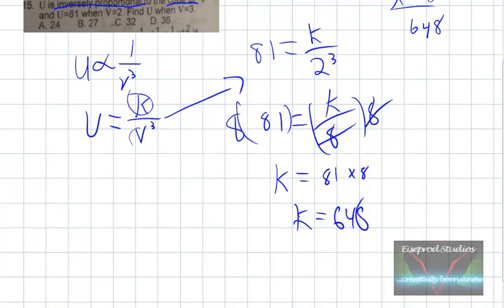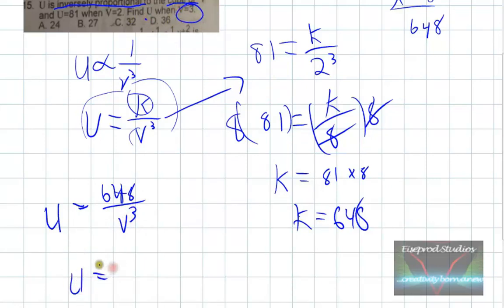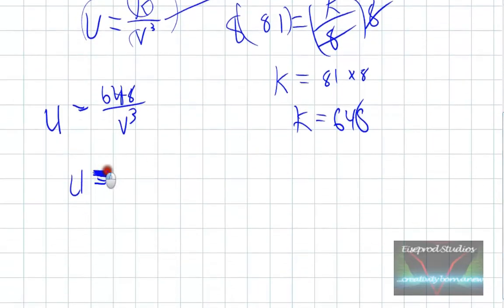Going back to the equation that we came up with over here, now we know that u is equal to 648 divided by v cubed. They want to find u when v is equal to 3. So u is equal to 648 divided by, they want v to be 3, so I'm going to take 3 cubed.